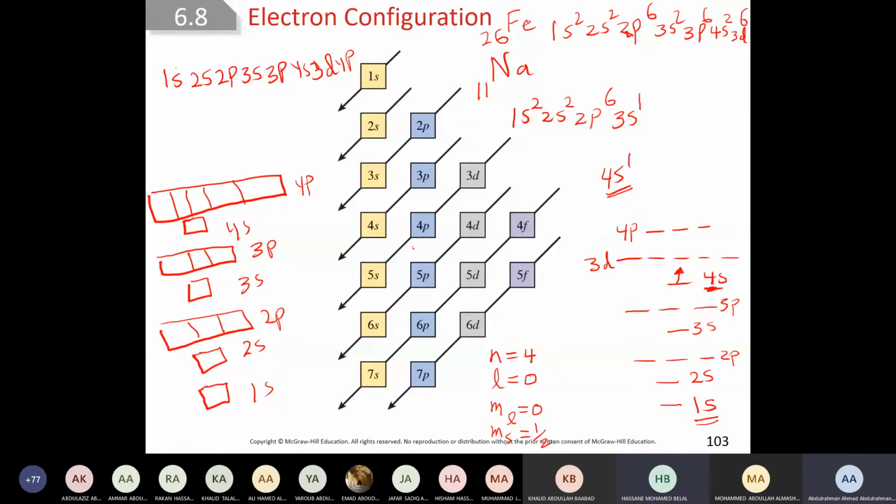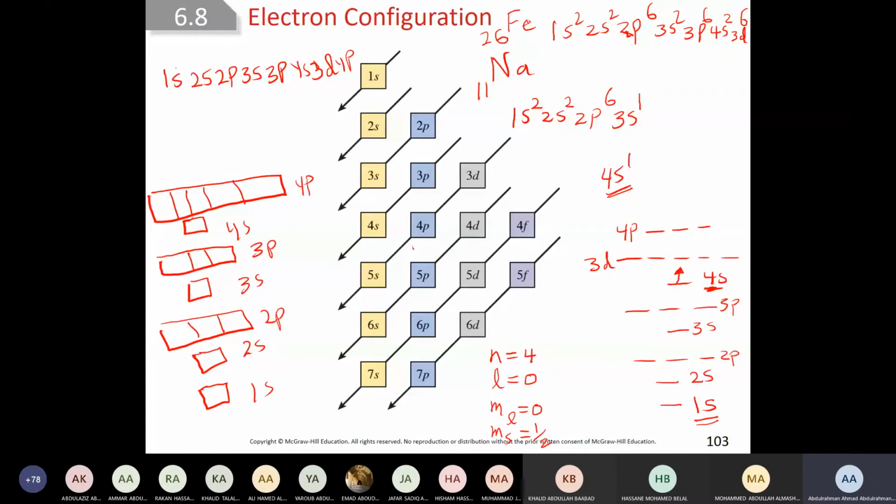Doctor, how do you know MS? From where did you get this half? As I said, MS has only two values, either plus half or minus half. We agree now that the arrow to the top means plus half.